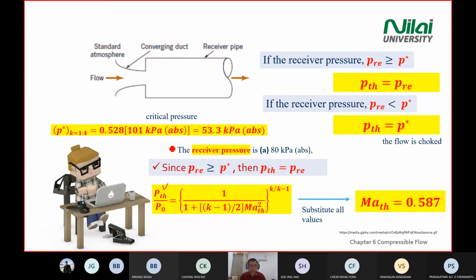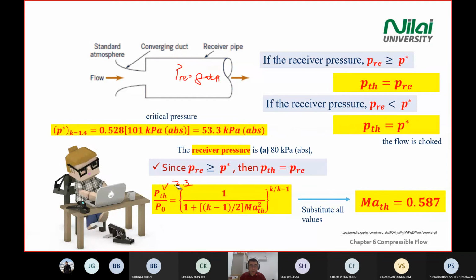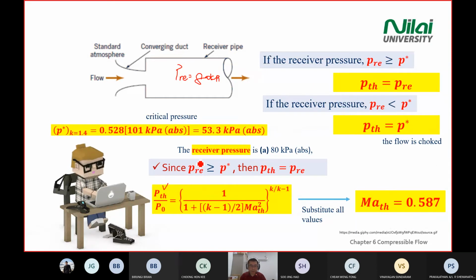P throat you already found, because based on this statement, you already know that your P throat in this case is equal to the internal tank pressure. Sorry, not 53, it's 80 kilopascal. P0 we know is equal to P atm, right?